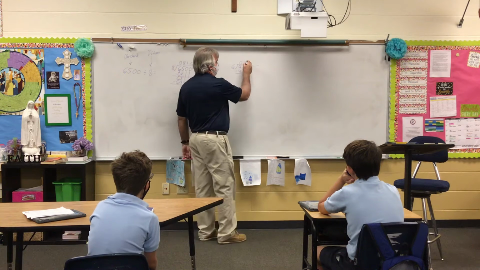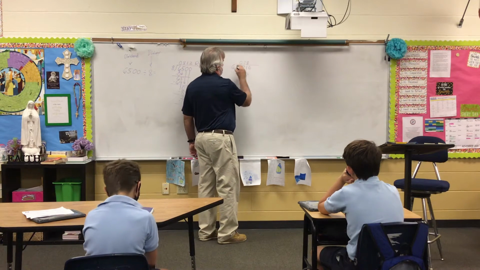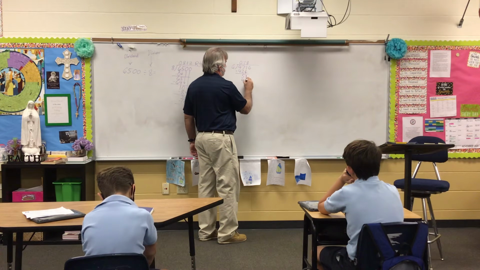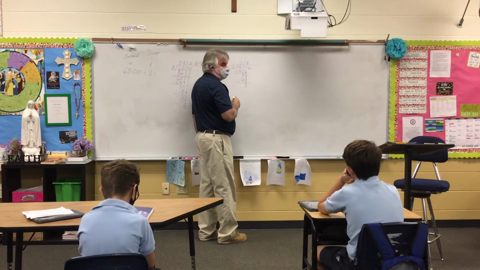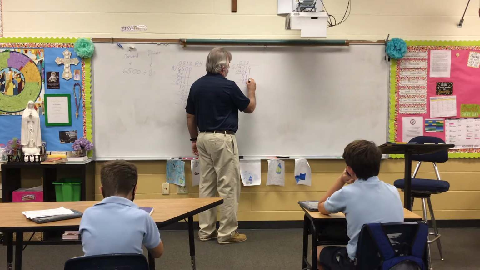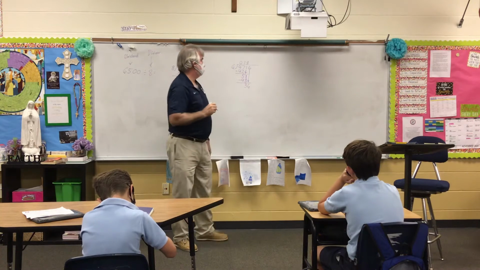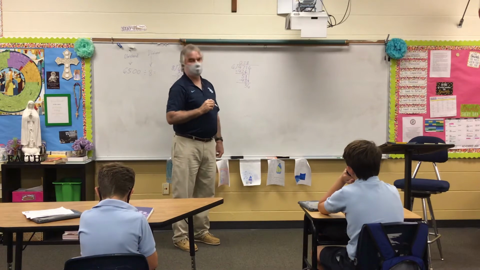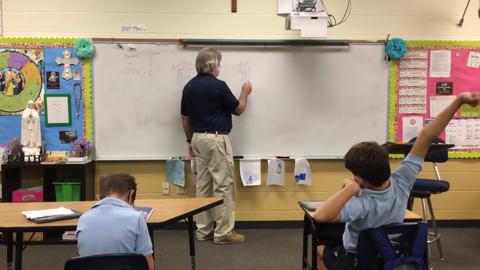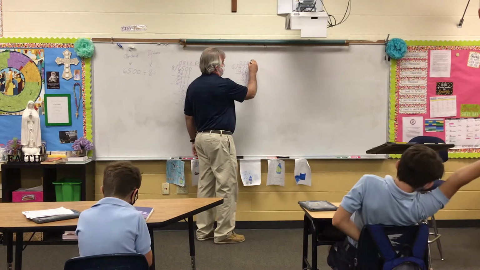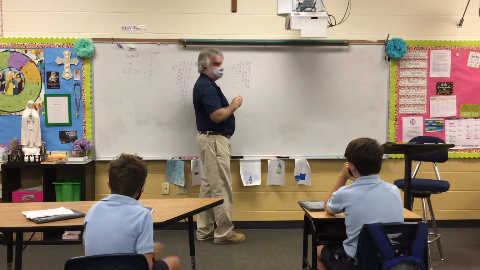So what would go up here? 8. 8 times 6 is 48. I have 3 left over. Now I'm gonna bring the 6 down. 6 goes into 36 6 times. Yeah. 6 times 6 is 36.